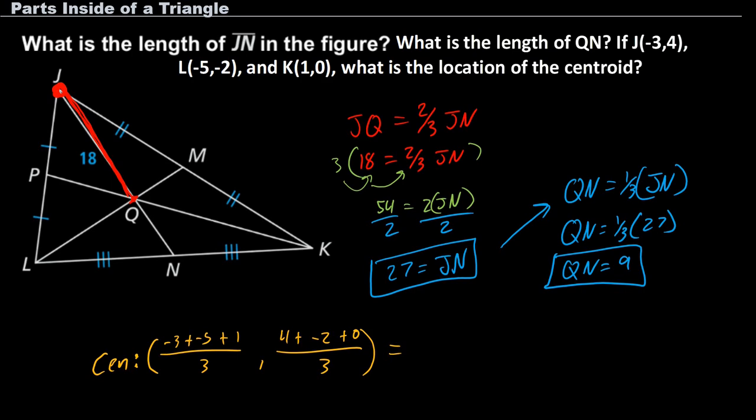And -3 and -5 is -8, plus 1 is -7 over 3. 4 and -2 is 2, plus 0 leaves us with still 2 over 3, and that's our final answer. So the centroid, the central point of this triangle, is at -7/3 and 2/3.